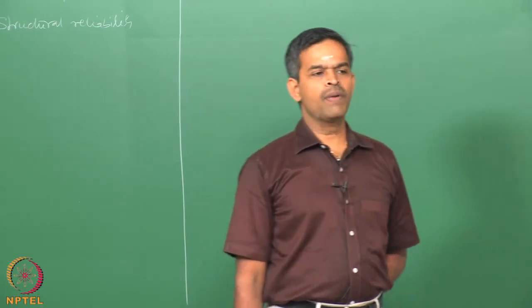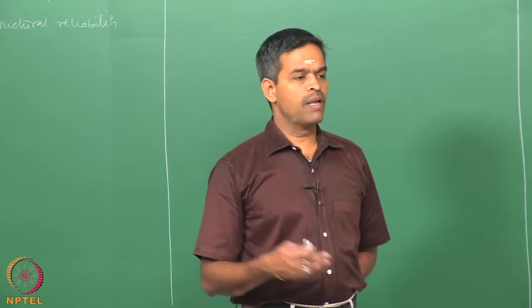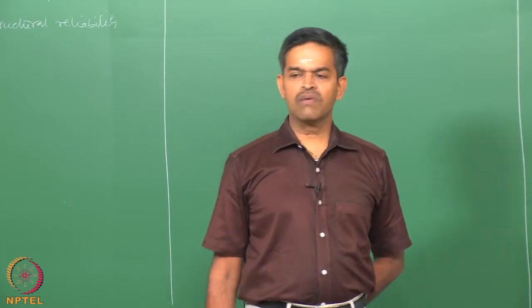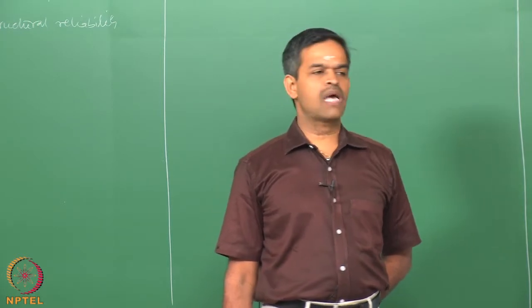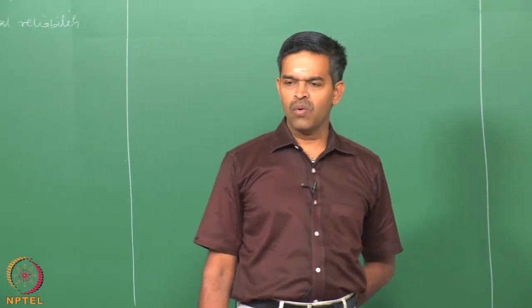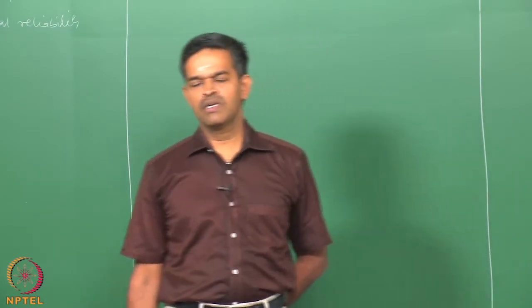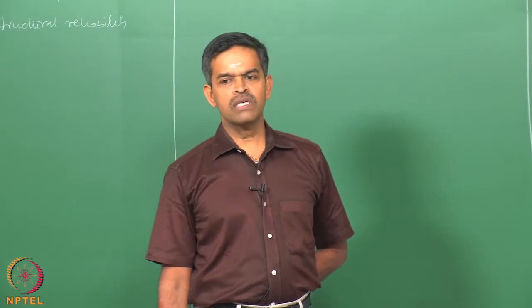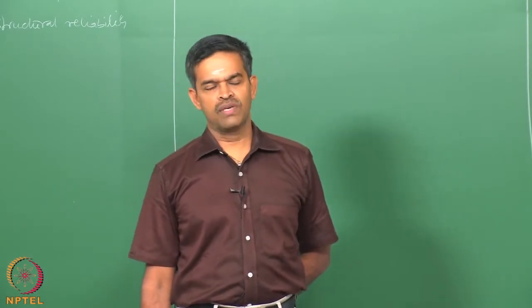So, we studied the coupling between the mechanical modeling and reliability analysis, what the different players in the whole game are, and what the factors are that influence the mechanical coupling. We also cited an example in the last lecture showing how the moment rotation characteristics of a hinged joint can be estimated and how the estimate can go wrong if you are not able to do this through experimental investigations.